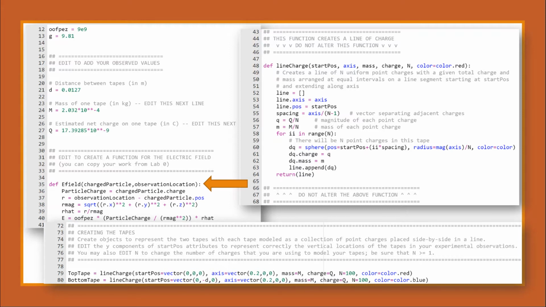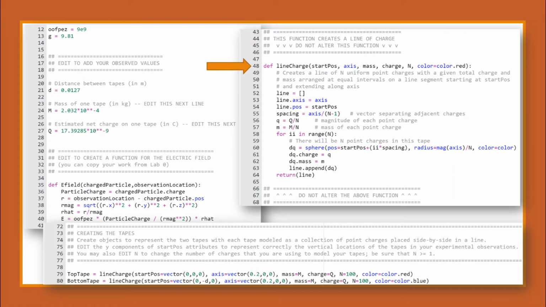R mag is the square root of the x value plus the y value plus the z value. And then R hat is the R vector divided by the magnitude of the R vector. And of course, the electric field is 9 times 10 to the 9th times the charge over R mag squared times R hat. So basically lines 35 to 40 are just calculating the electric field.